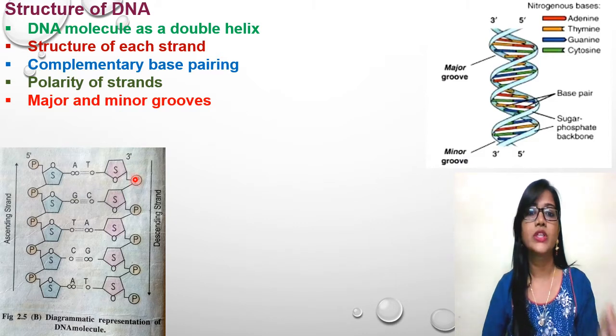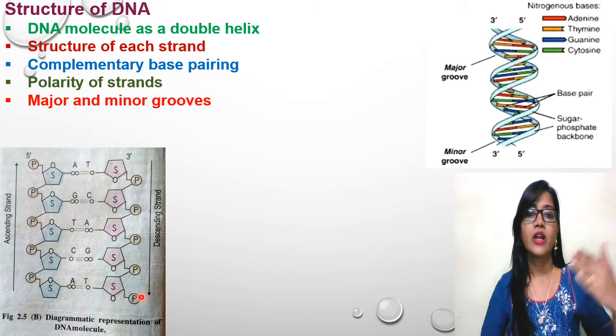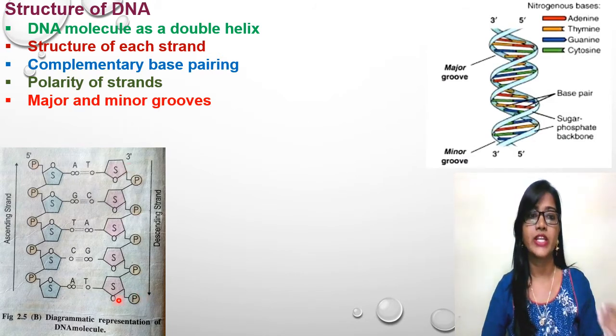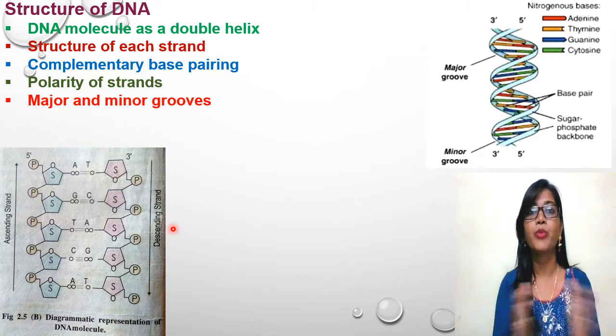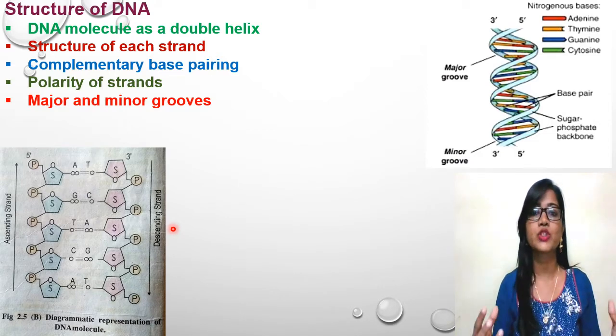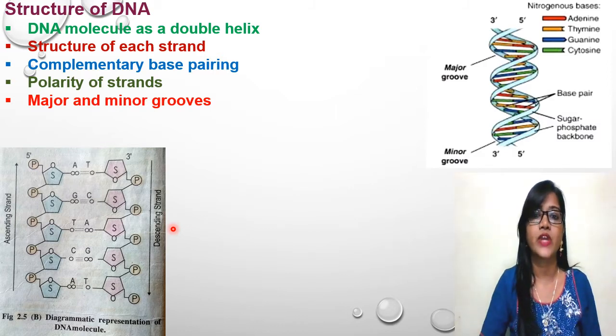So one of the strands runs in the 5' to 3' direction, and the other strand runs in the opposite direction, that is 3' to 5'. They are arranged in that opposite way, and that type of arrangement of the two strands of the DNA is considered anti-parallel, due to which the 5' end of one strand lies close to the 3' end of the other strand, and vice versa.